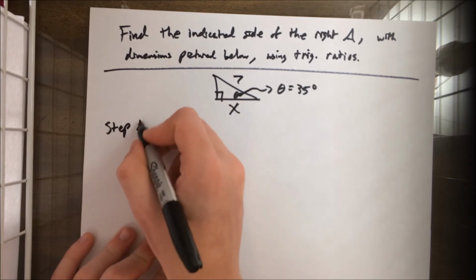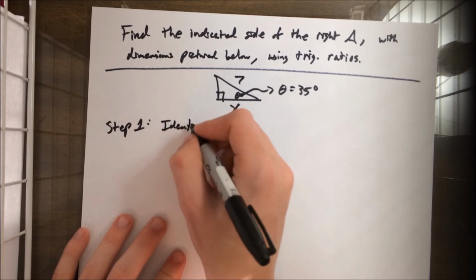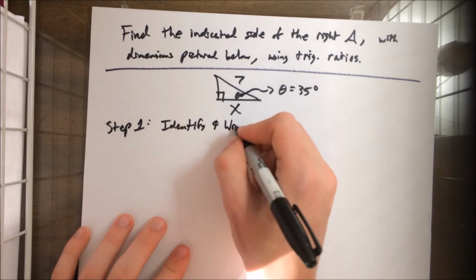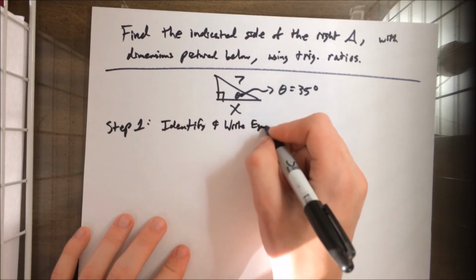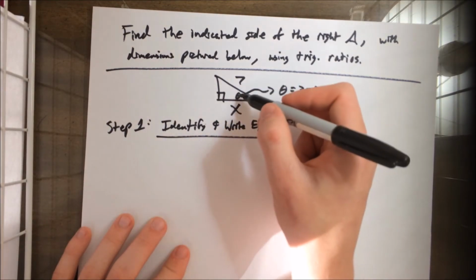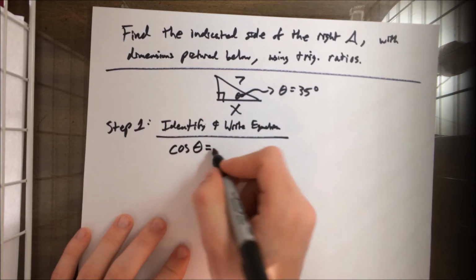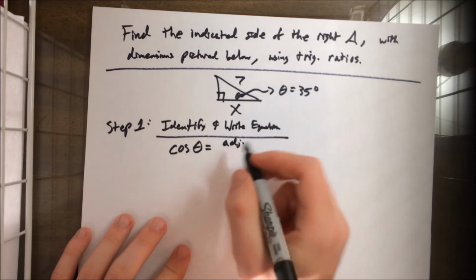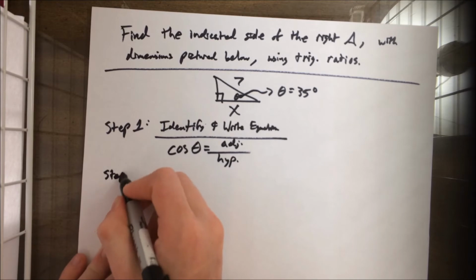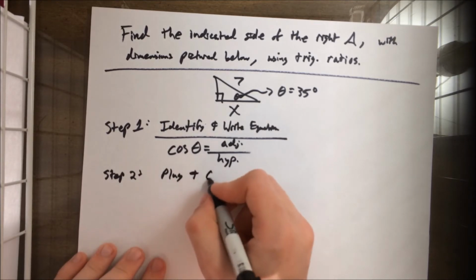So step 1, let's identify and write the equation. Because it's the adjacent over the hypotenuse, it's going to be cosine of theta is equal to adjacent over hypotenuse. Step 2, plug and chug.